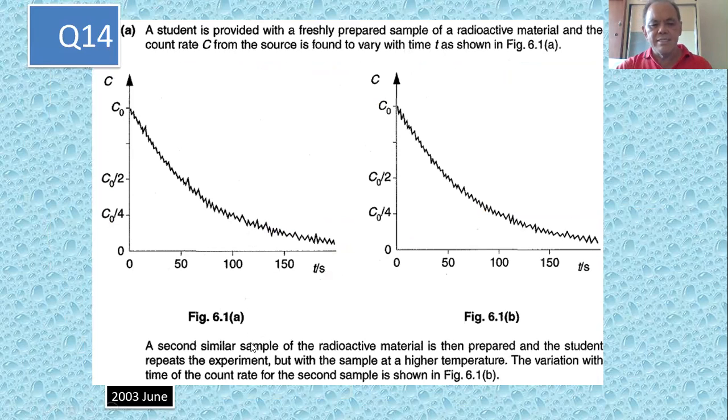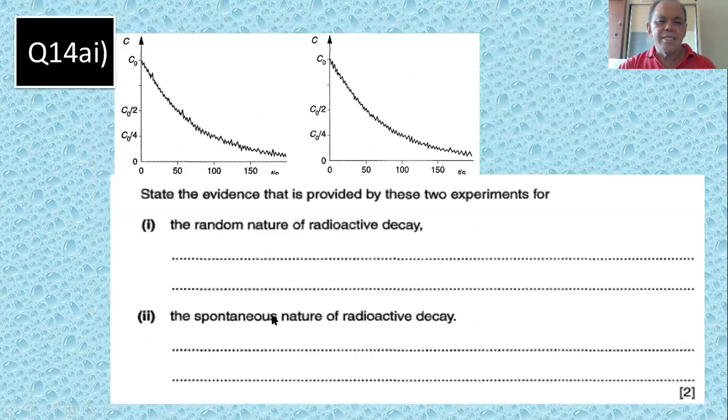A second similar sample of radioactive material is then prepared, and the student repeats the experiment but with the sample at a higher temperature. The variation with time of the count rate of the second sample is shown. So this is for the second sample at a higher temperature. State evidence that is provided by these two experiments for the random nature of radioactive decay.